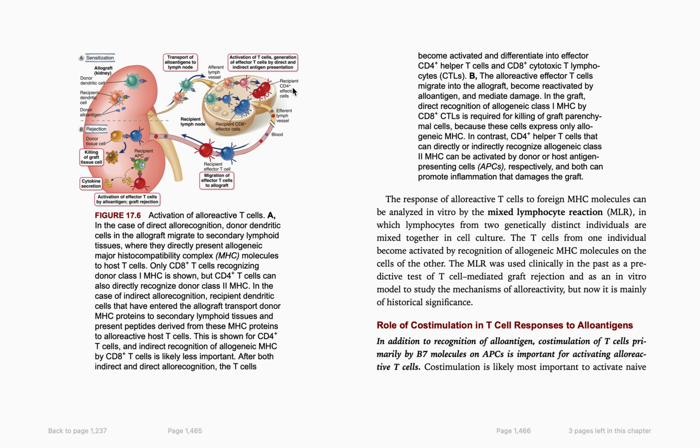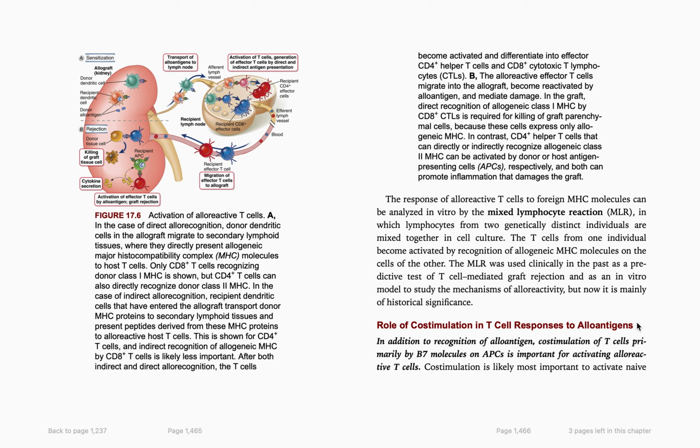From here, recipient CD8 effector cells and other effector cells will migrate back to the graft. When they come back, recipient antigen-presenting cells activate effector T cells, leading to graft rejection, and cytokines and killing of graft tissue will take place.